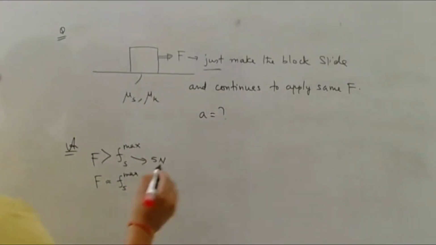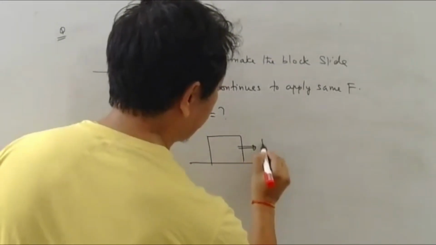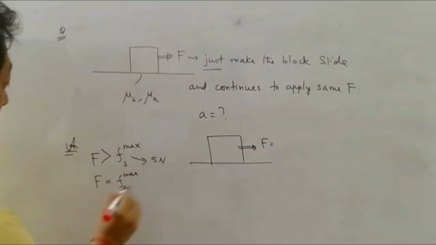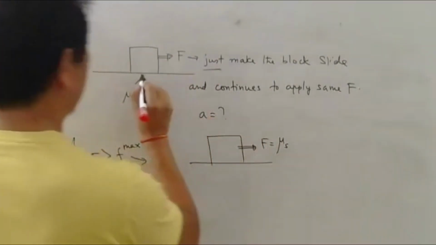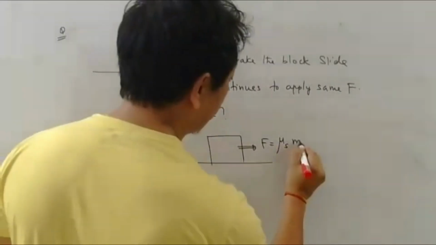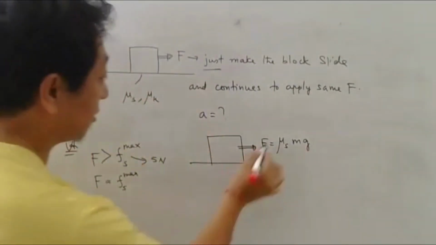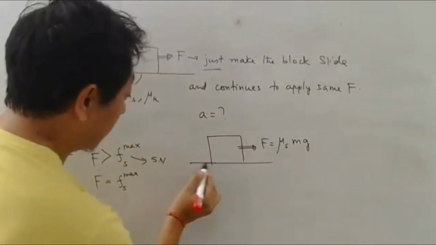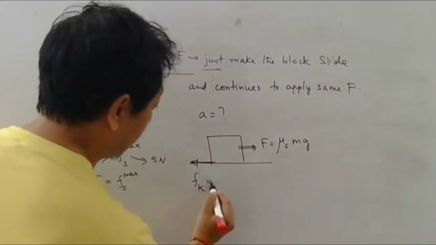accelerate. So basically what that means is the applied force is nothing but Fs max, which is mu s into N, and N here is balancing mg. And since they are asking acceleration and this force continues, the friction that acts here will be what friction? Kinetic. And kinetic friction is what?